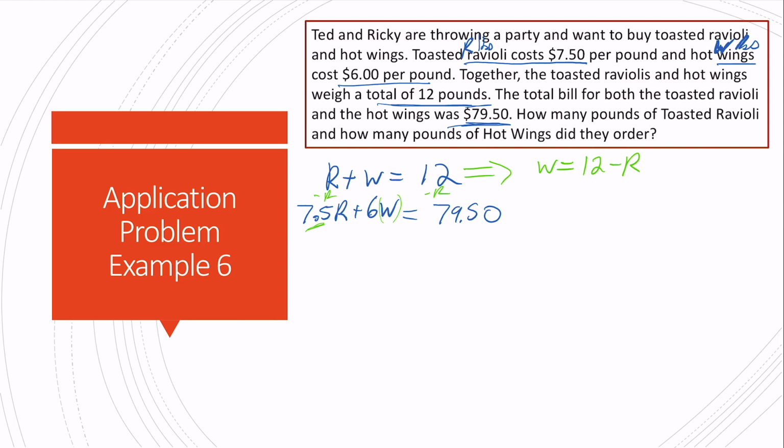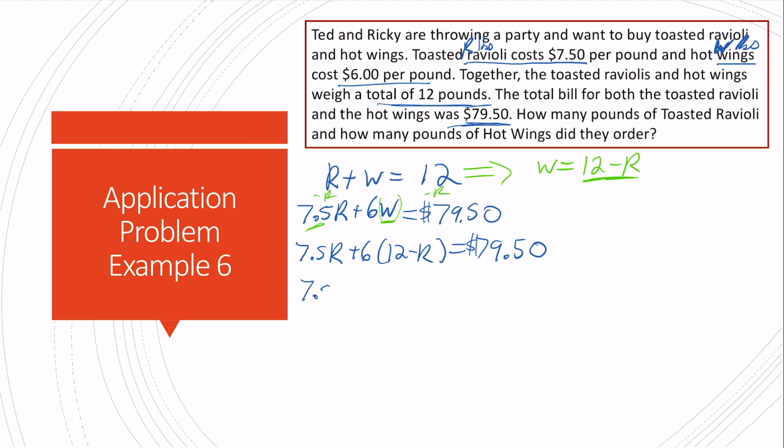So I can substitute this in for W. I have 7.5R plus 6 times (12 minus R) is $79.50. Don't forget we're working with money right now, but when we solve for R, that's going to be the pounds of ravioli.